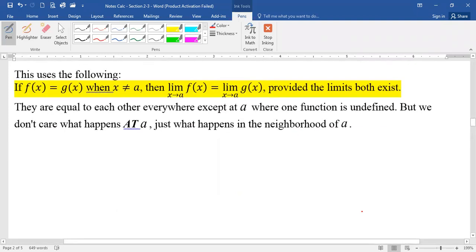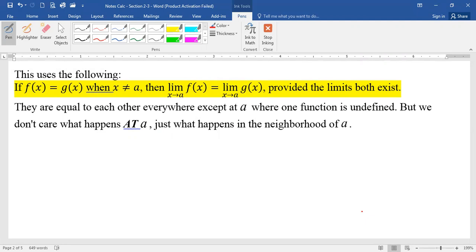And it really uses this concept that if f of x equals g of x when x is not equal to a, then the limit as x approaches a of f of x equals the limit of g of x as x approaches a, provided both limits exist.